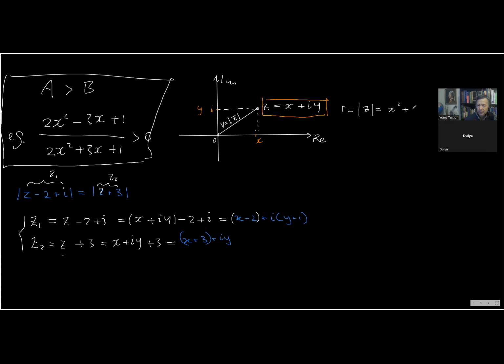Do you agree? Because after all, this is geometry. You can see we are dealing with a right angle triangle. Now, based on this condition, can we build this z and the modulus, the amplitude, if you like? Can we build these two formulas?